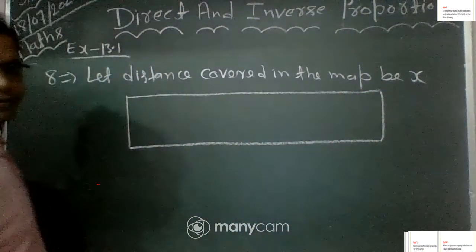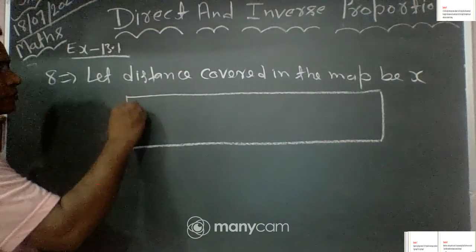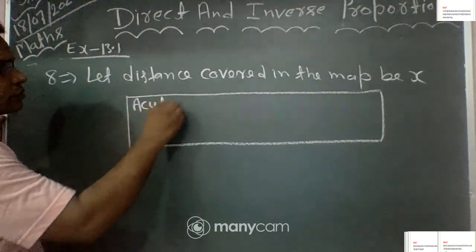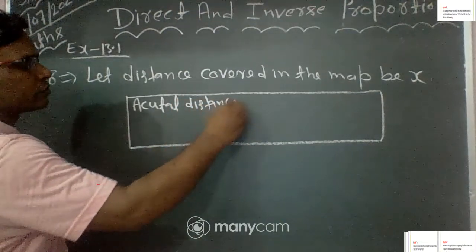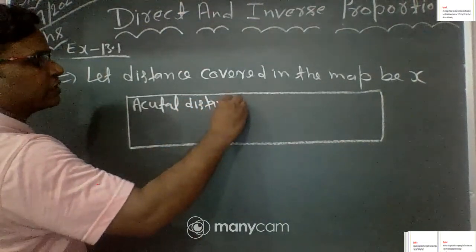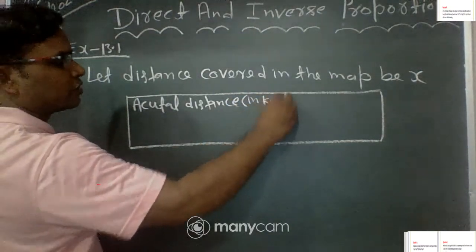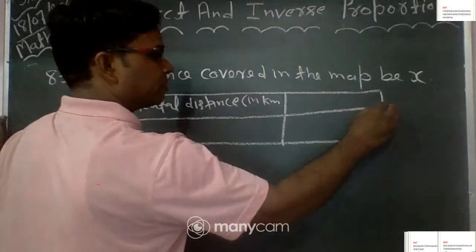Okay, and we write here actual distance, actual distance in kilometer. Clear? And distance covered in map.